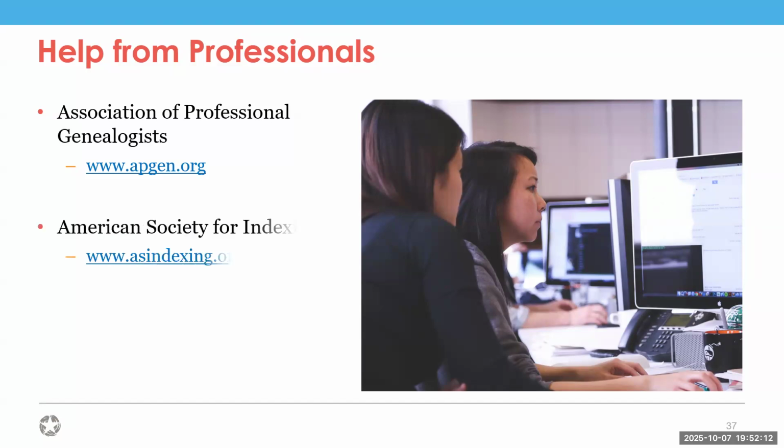The American Society for Indexing. So you're wondering, oh my gosh, I've got to index this thing. How do I do that? Well, the American Society for Indexing might be able to help with that. You can search by specific specialty or type of material to be indexed, and you can find a professional that knows how to index genealogy and family history.